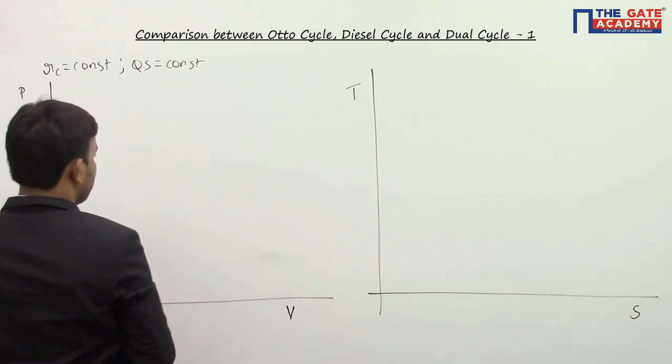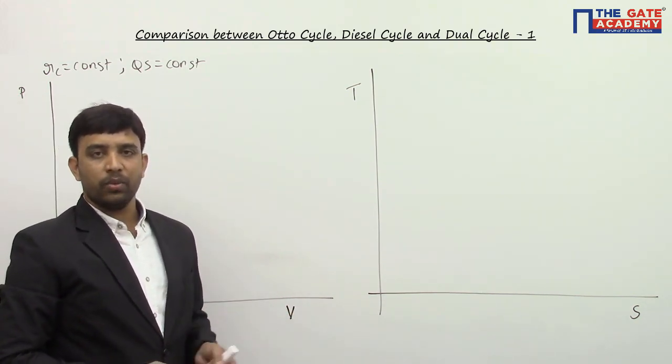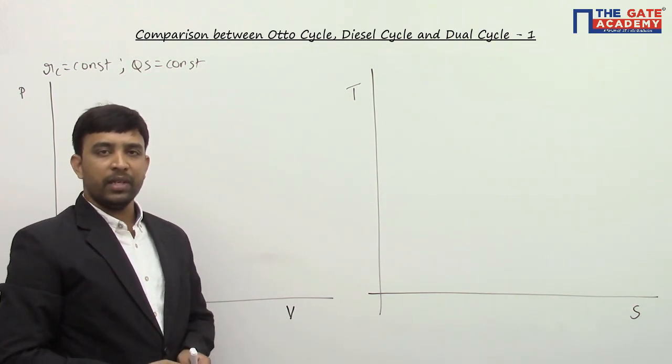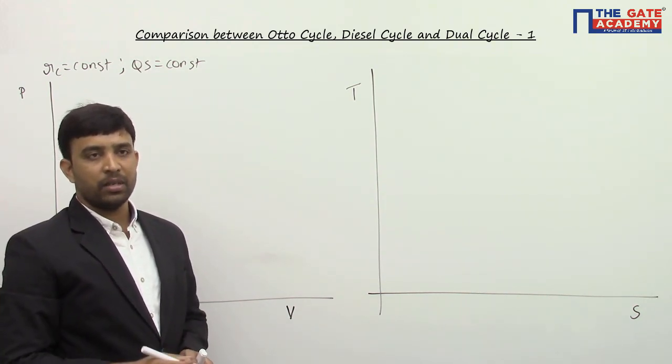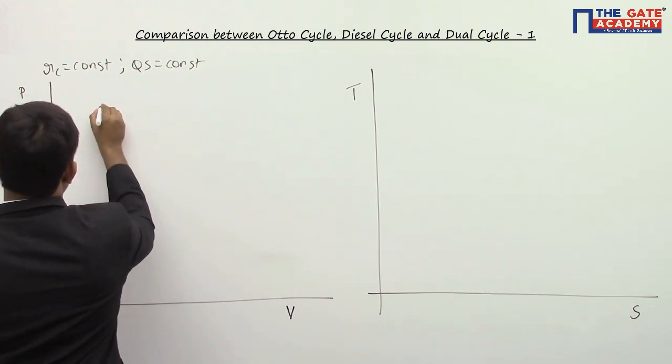In Otto cycle, we will be having reversible adiabatic compression process, constant volume heat addition process, then reversible adiabatic expansion process and constant volume heat rejection process. The cycle looks something like this.